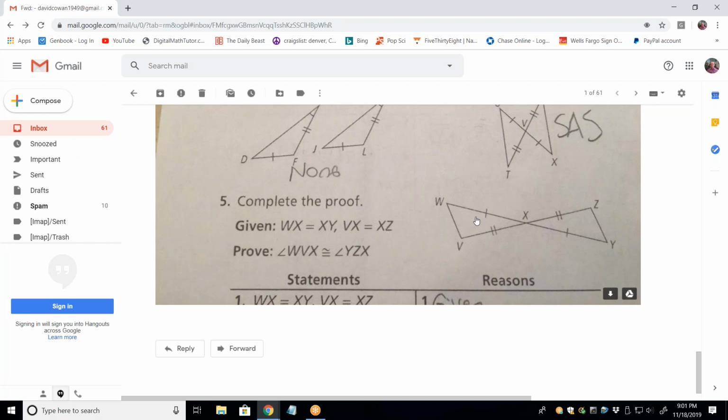So that's how we're going to prove that these two triangles are congruent. First we're going to prove that those two angles are equal to one another. The reason being they're vertical angles. Correct. Once you have that, the given is that that line is equal to that line and this line is equal to that line. So you immediately have side, angle, side. Okay. Makes more sense.